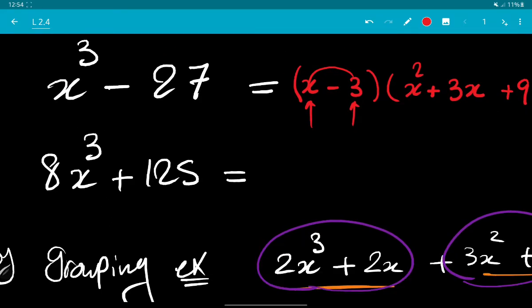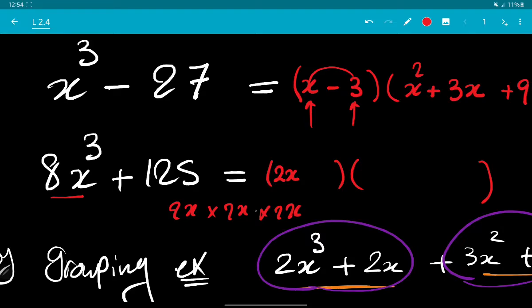What about this one? You can open two brackets, and this is x power 3, it means you write x here, and 125 you can write 5 here. But how about 8? Since you know that the cubic root of 8 is 2, so this could be 2x, because 2x multiply 2x multiply 2x, this will be x power 3 and 8.